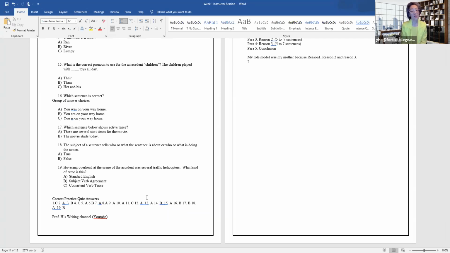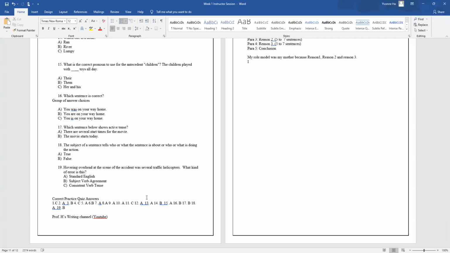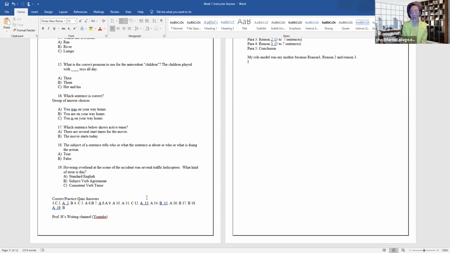Anyway, which sentence below shows active tense? A or B? A. The movie starts today, or there are several start times to the movie. In which one is the subject doing the action? B, yes.